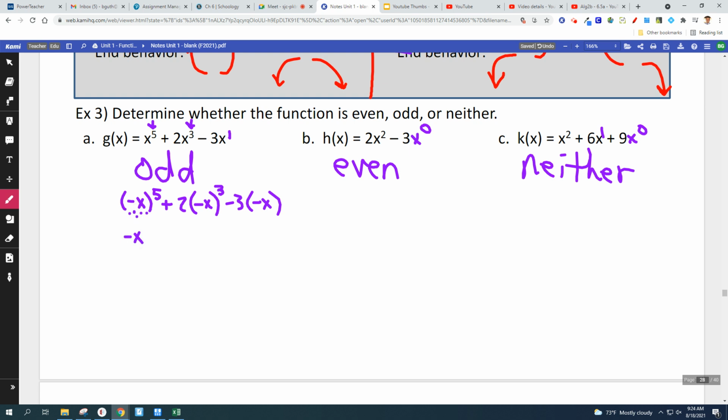So that's negative x to the 5th. There are 1, 2, 3 negatives, so that's going to be a negative 2x to the 3rd. There are 1, 2 negatives there, so that's going to be a plus 3x.